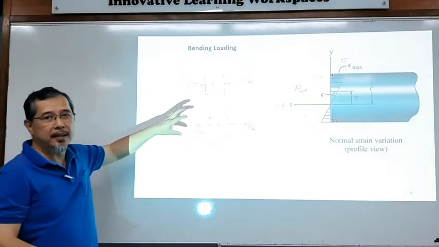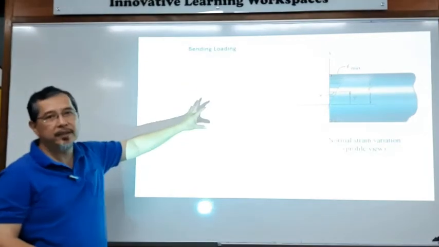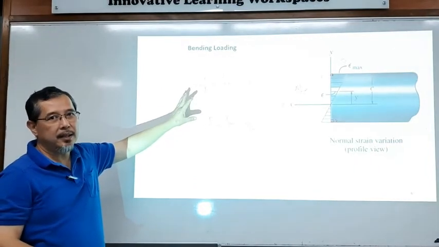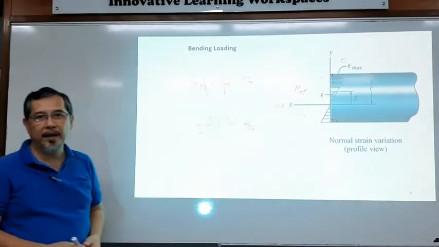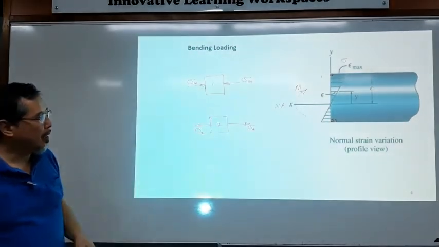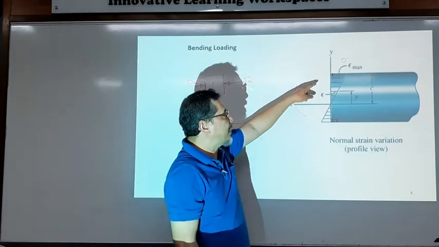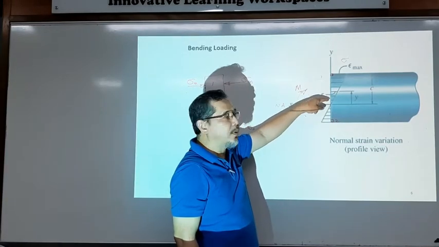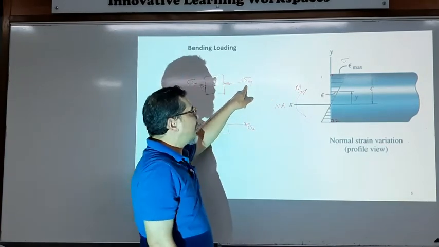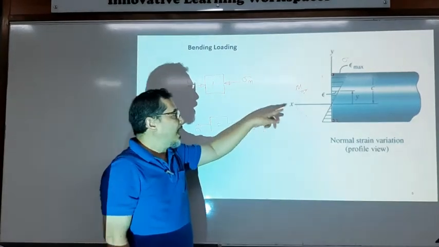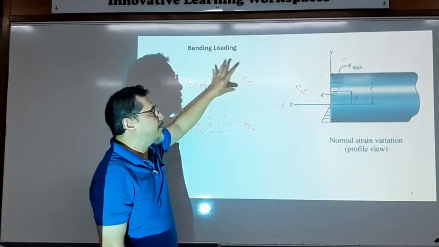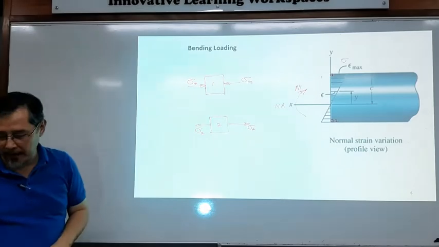That's due to bending only. There's no shear stress in bending, only tensile or compressive normal stresses. So if you move around the element as you go down towards the neutral axis, the stress will get smaller and smaller, and at the neutral axis you don't have any more bending stresses.